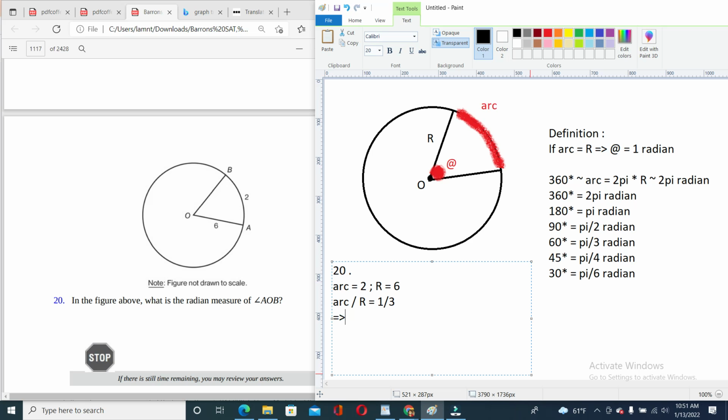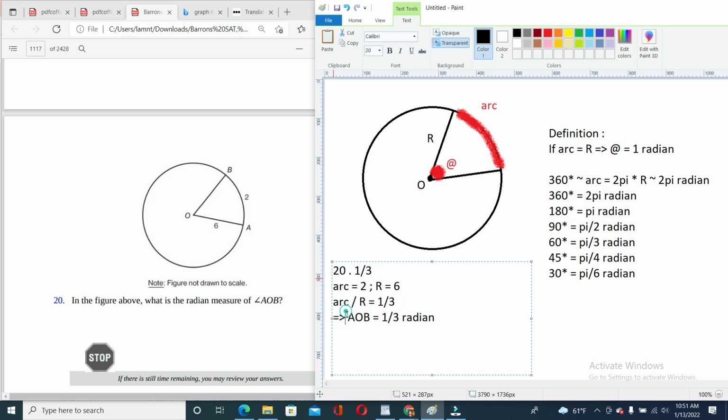So we know that AOB is going to be 1/3 radian. Radian is actually the ratio arc over r. So the answer is 1/3. This is the definition of a radian, and this is the solution to the exercise.